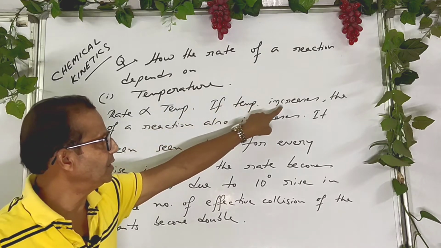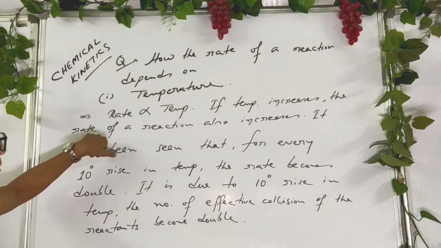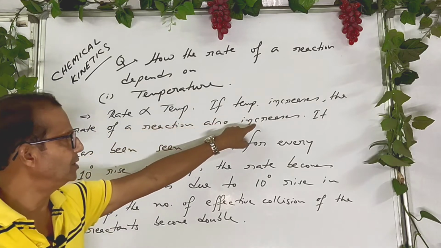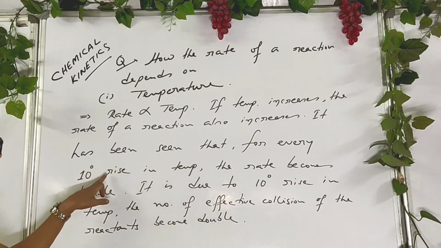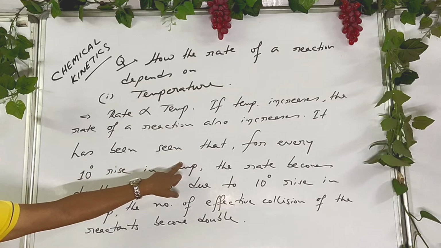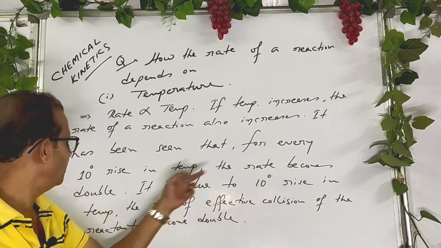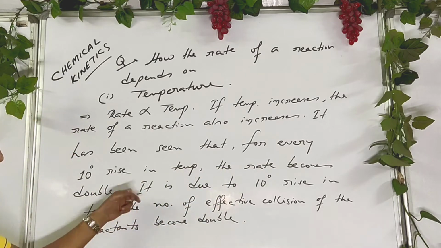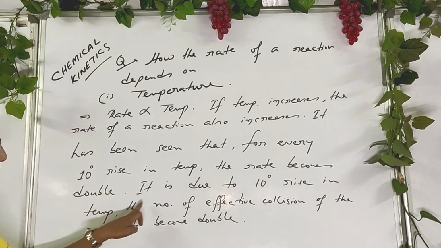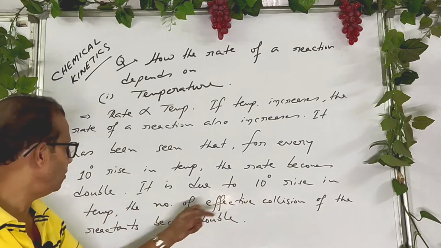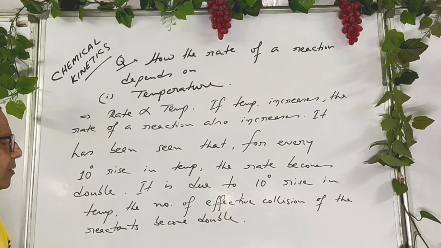If temperature increases, the rate of reaction also increases. It has been seen that for every 10-degree rise in temperature, the rate becomes double. It is due to 10-degree rise in temperature, the number of effective collisions of the reactants becomes double.